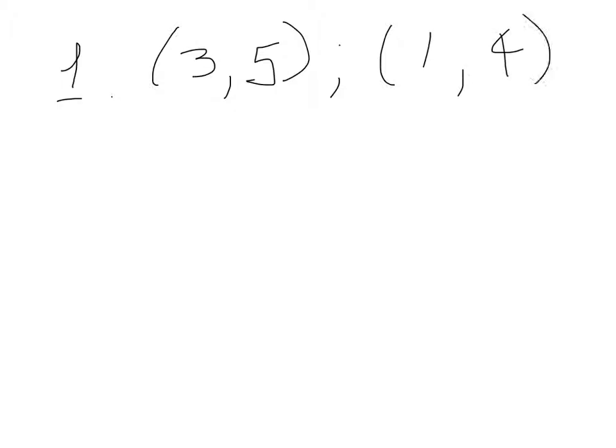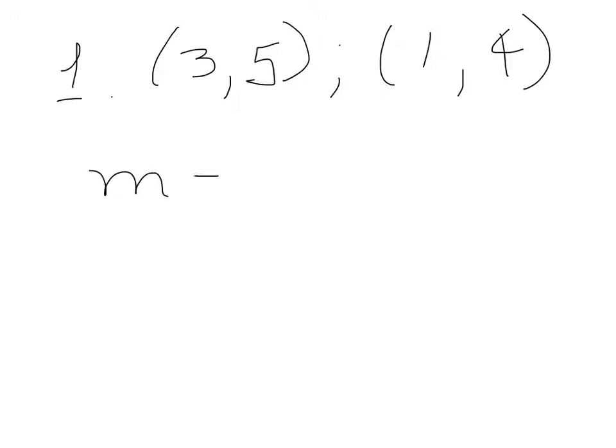Okay, so you should have done the checkpoint at the bottom of page 230, and so let's go over your answers, or how you might have done that. In number 1, you had 2 points. You had 1 point that was 3, 5, and they're calling that your first point. And then you had another point at 1, 4.